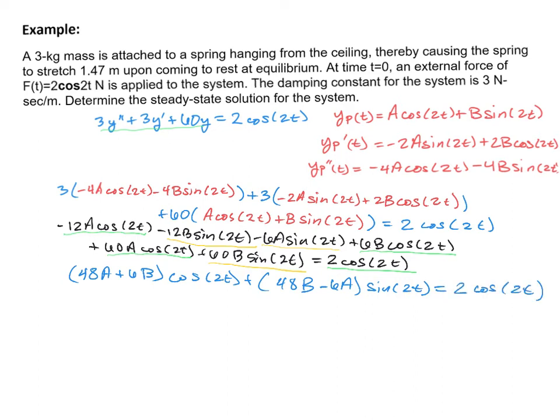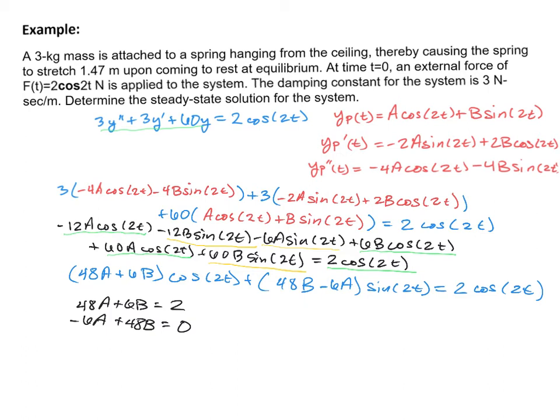We now equate coefficients. Equating the cosines, we get 48a plus 6b is equal to 2. And for the sines, we've got negative 6a plus 48b is equal to 0, since there are no sine functions on the right-hand side.